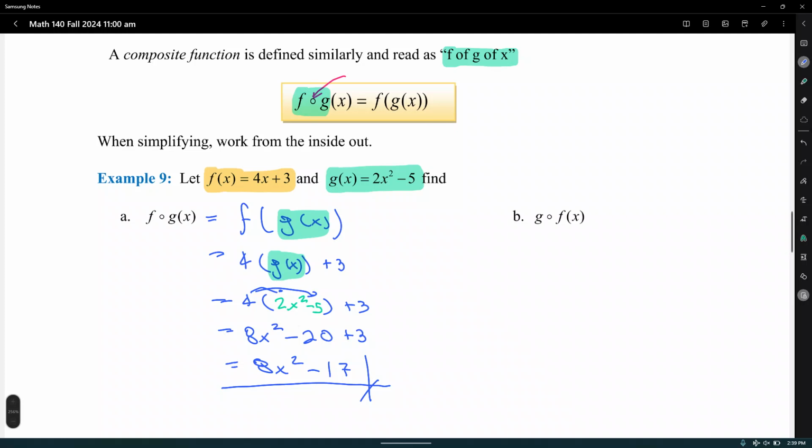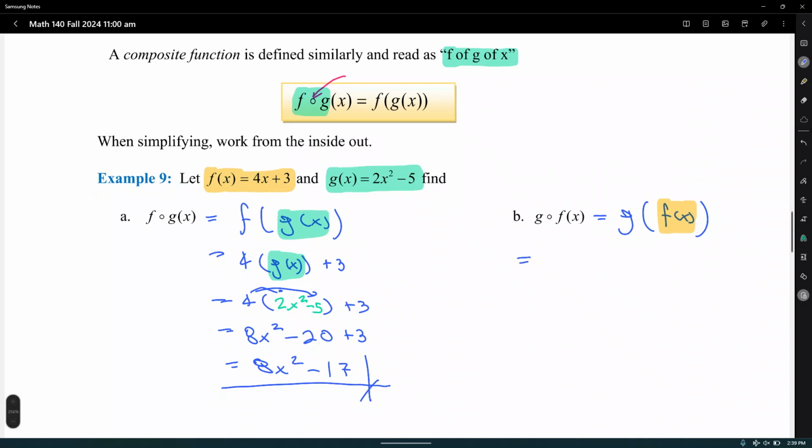Let's have a look at letter B. For letter B, we're going to evaluate g at f of x. Again, the function we write inside the big parentheses is the second function we read from left to right in our composition notation. We're going to evaluate g at f, which we highlighted with yellow so we can relate it to what we're substituting.